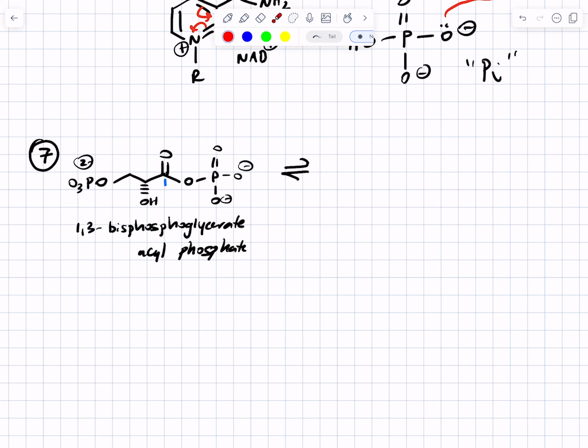And it's not even a huge free energy change, because we're just replacing one acyl phosphate with a phosphoanhydride. So in this step, you're going to use ADP as a nucleophile, and you're going to get ATP out.